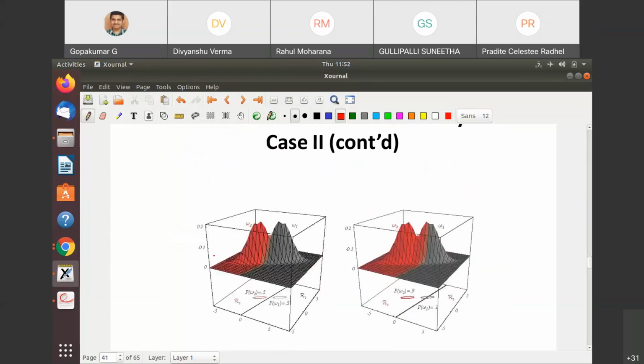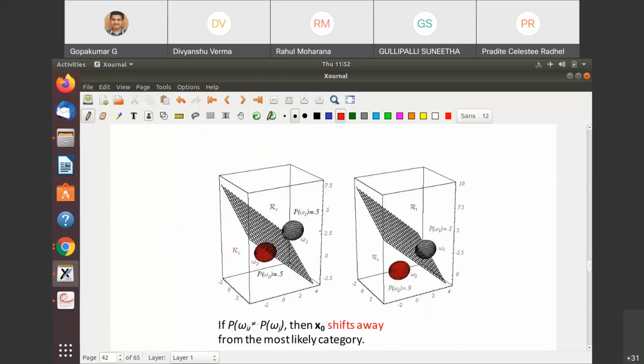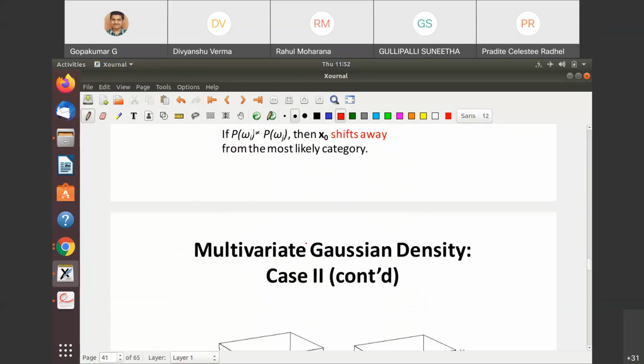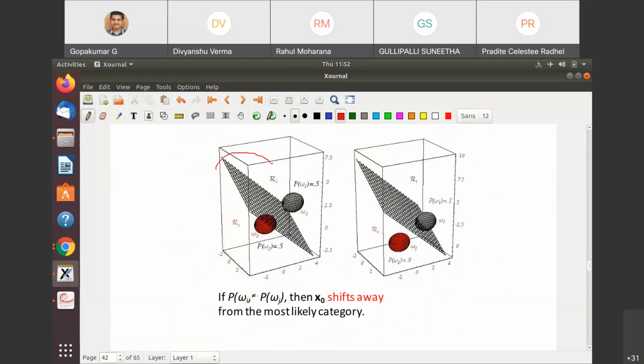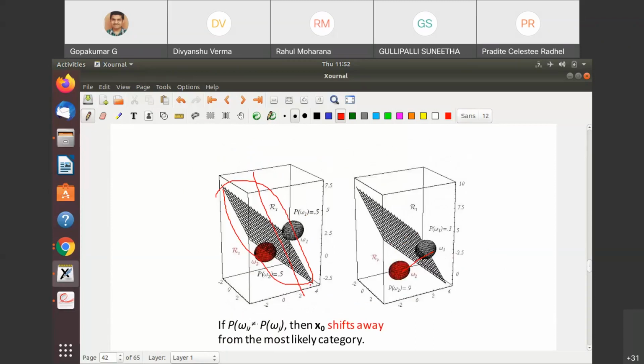You can see that the difference comes in here. Earlier the boundary was vertical, orthogonal to the line connecting the means, but now it is at a slanting position. So it is not perpendicular to the line that connects these two means. Otherwise it remains the same.